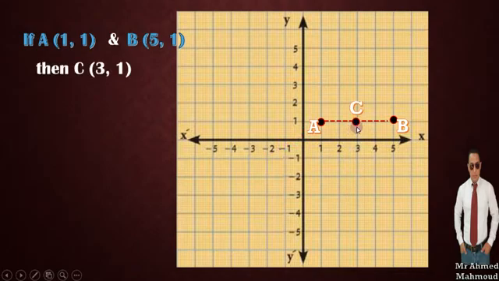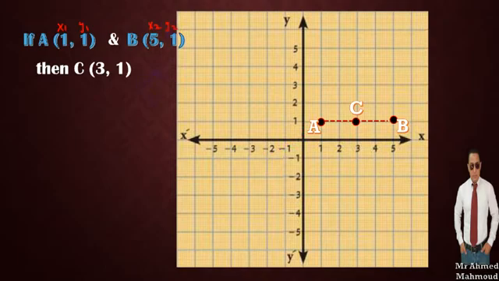I will call it C. Looking at C, C is opposite to 3 and opposite to 1, then the coordinates of C are (3, 1). Now A is called (x1, y1), B is called (x2, y2).